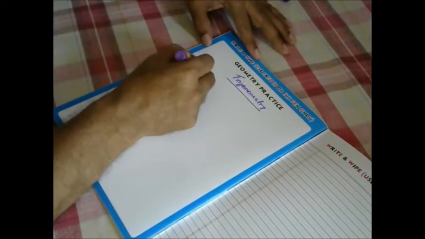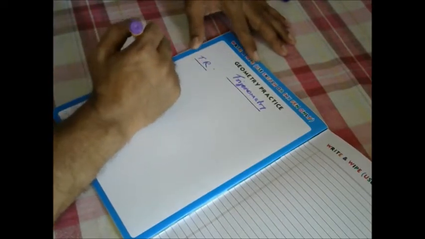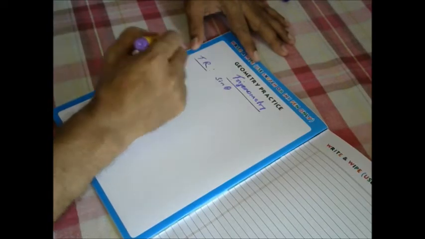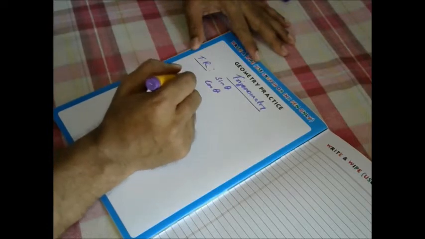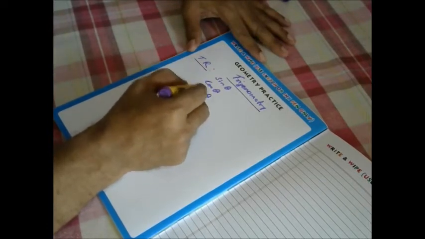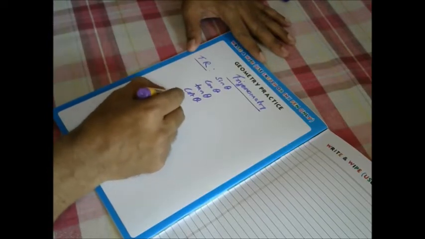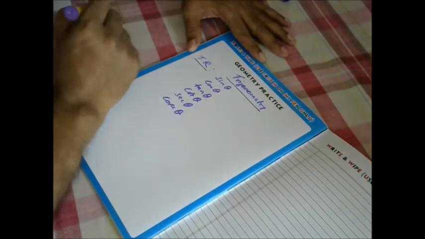I will be writing TR, trigonometric ratios. Which trigonometric ratios are there? Sine theta, cos theta, tan theta, cot theta, secant theta, and cosecant theta.